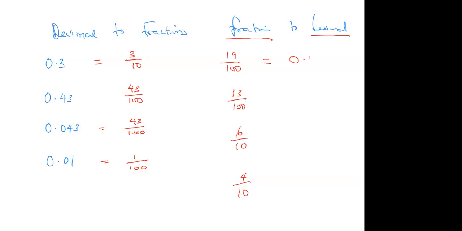Okay, so 0.19, 0.13, 0.6, and 0.4. Is it okay? Yeah, good. So now it could get slightly harder.